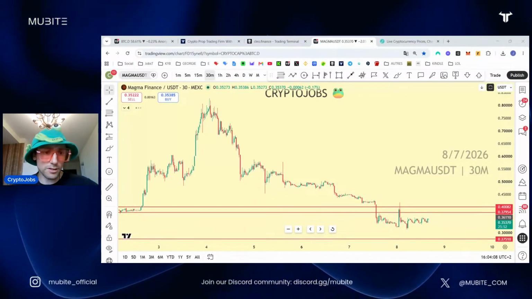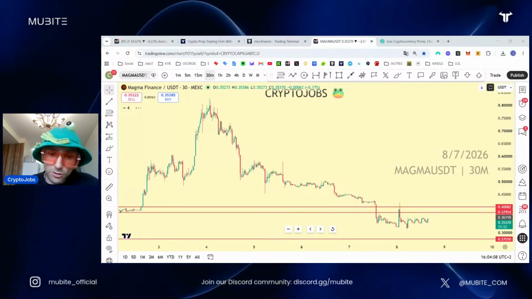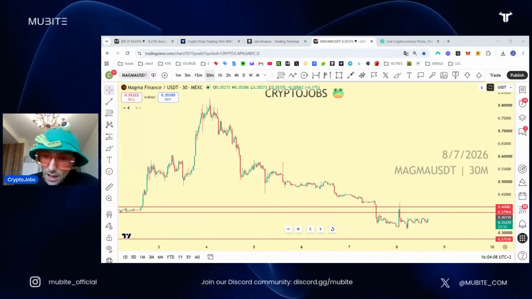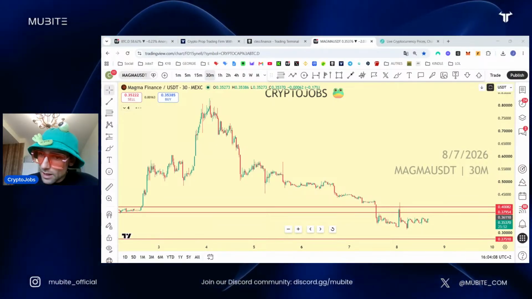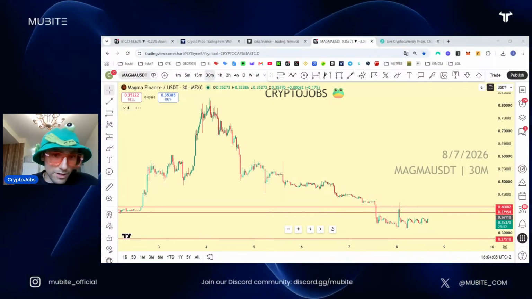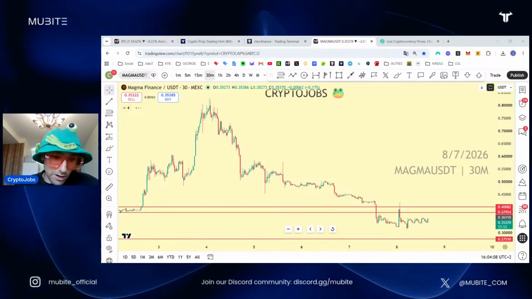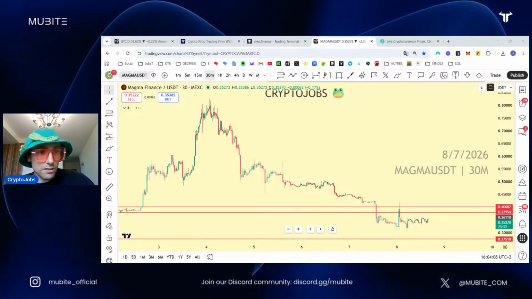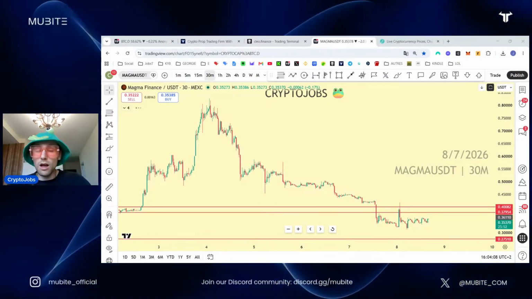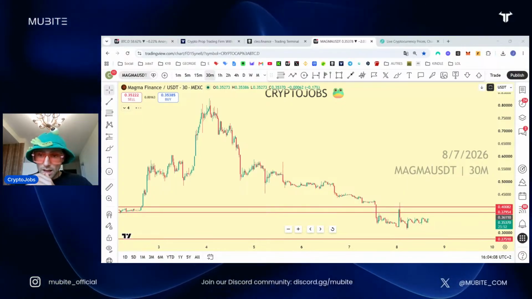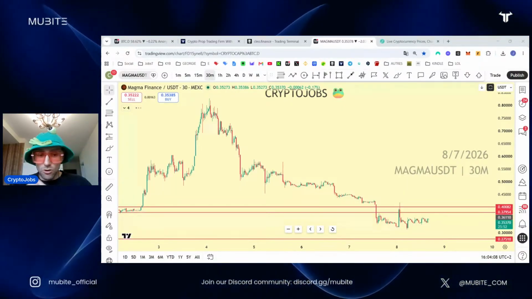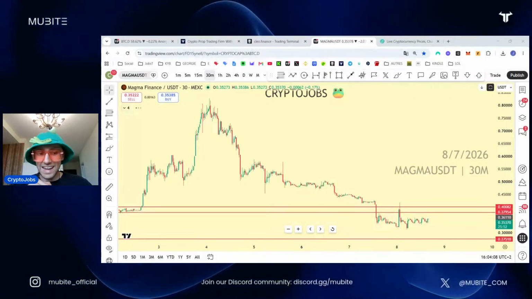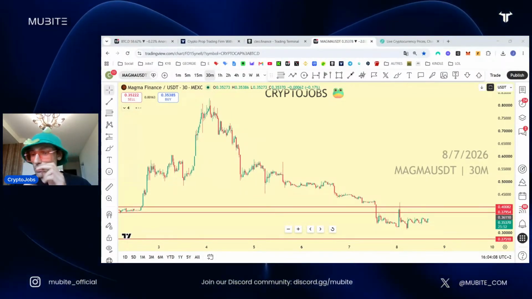If you don't know about the prop crypto trading concept, it's very simple. Globally, without naming brands, you have all the tools that traders have on Binance, for example, on BingX, on major exchanges. You can have access to a big amount of capital. You just need to pay for a challenge access. It's like buying a ticket.